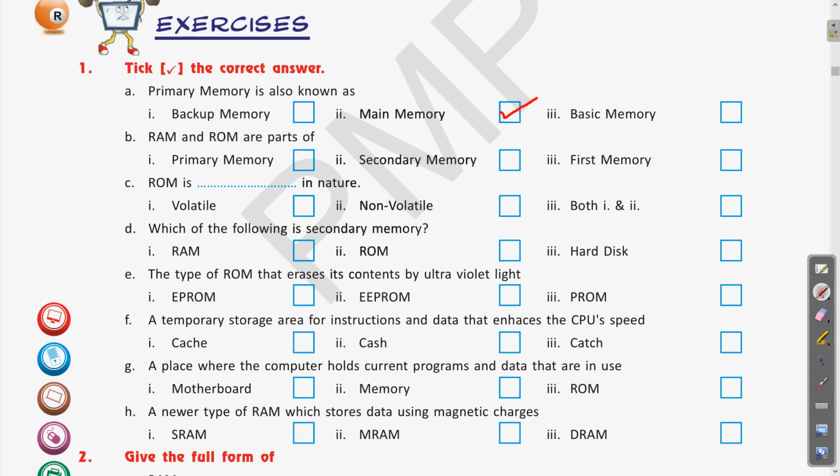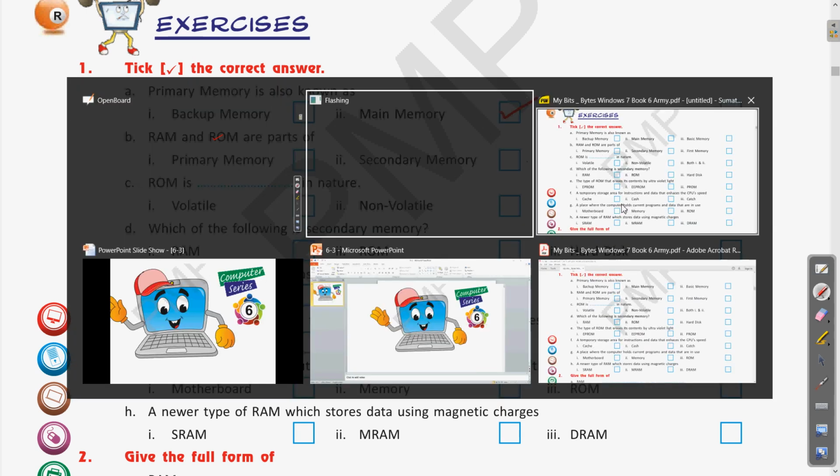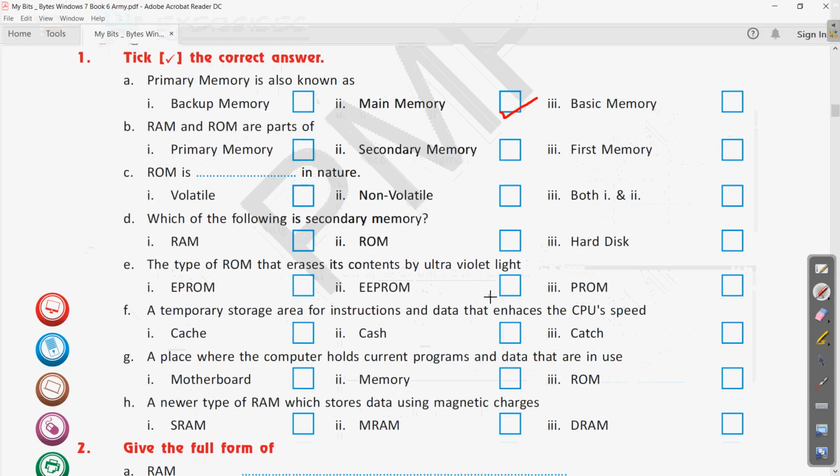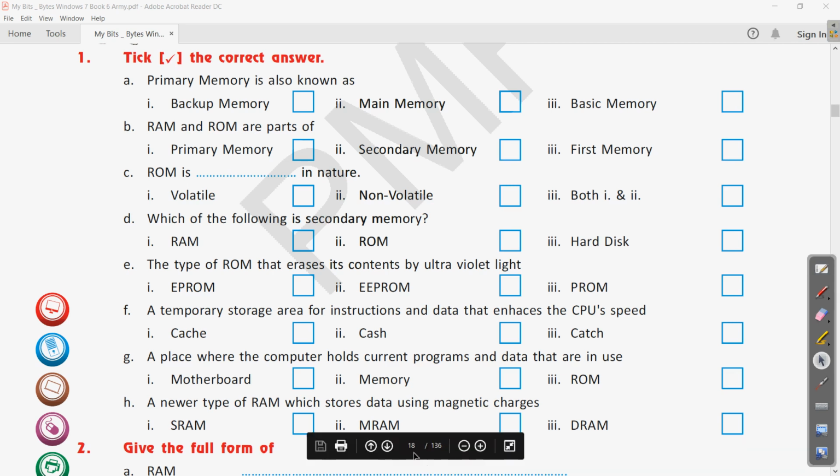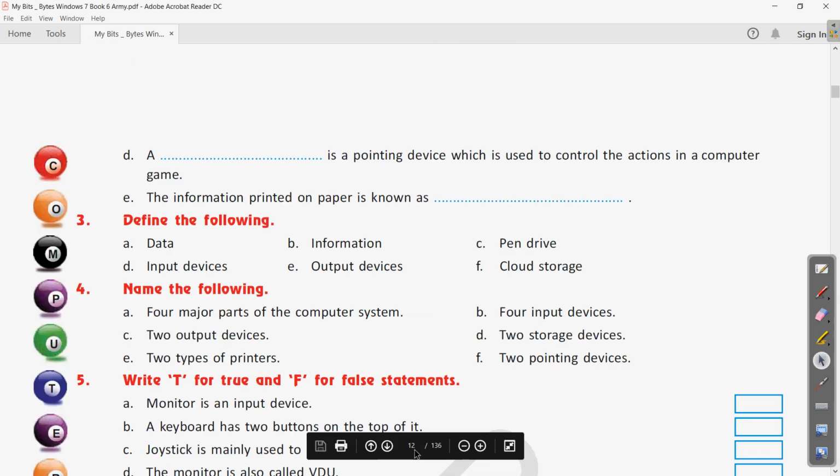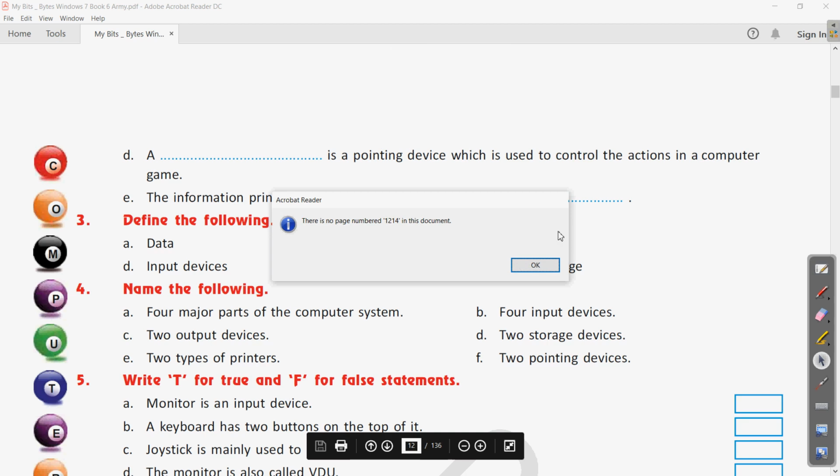If you want to check it, we can check it also on the page number. Let us see. Let us erase this first. Let us move to page number 12, I think.